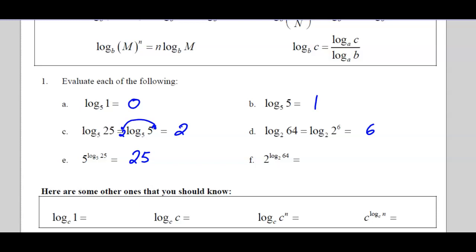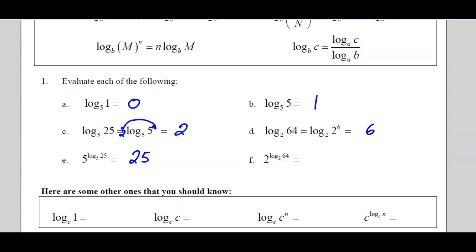So here, think about it: if the base of the exponent and the log are the same, then the answer is the argument. If the base of the log and the base of the exponent are the same, your answer is the exponent, so the argument or the exponent, depending on where you started.